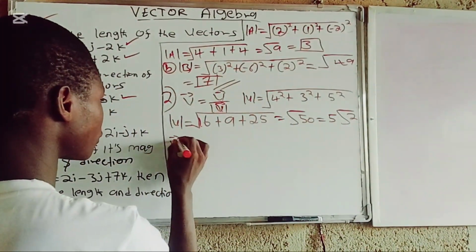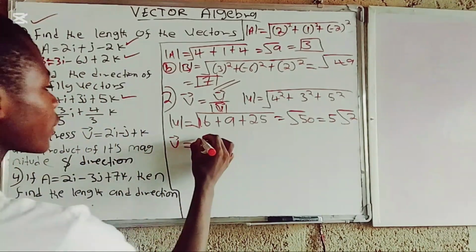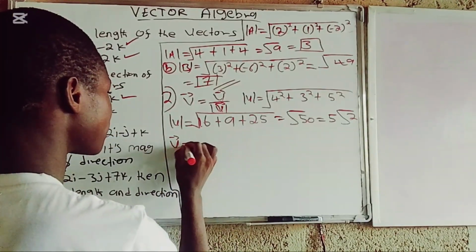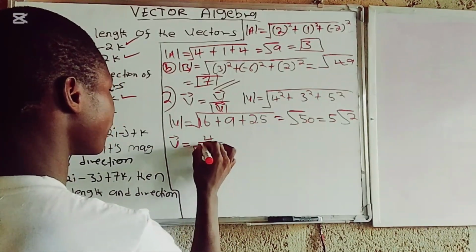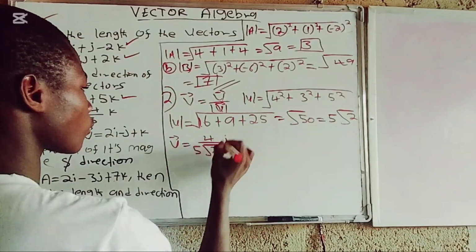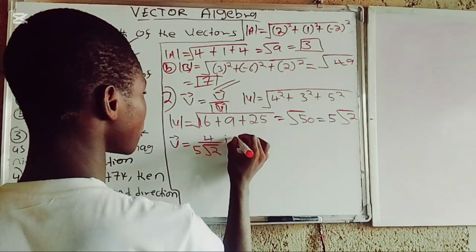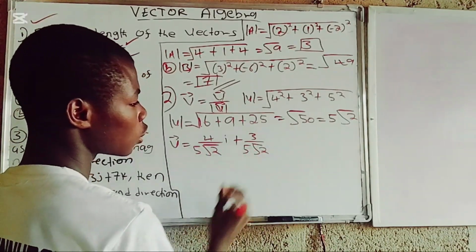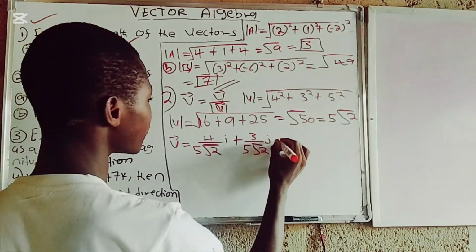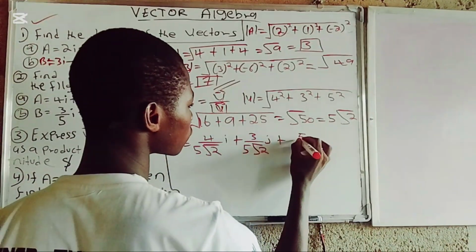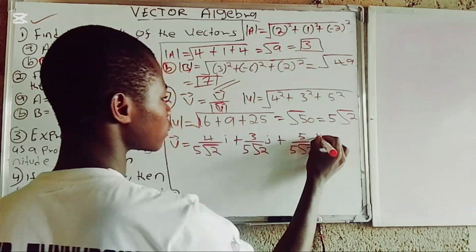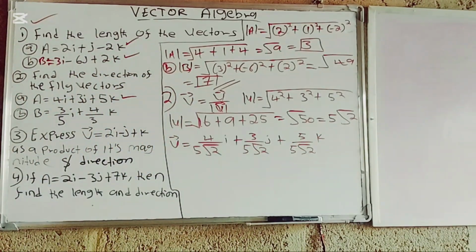So this unit vector V should now be equal to 4 divided by 5 root of 2, which is I, plus 3 divided by 5 root of 2, which is J, also plus 5 divided by 5 root of 2, which is also K. So this is the direction of this vector.